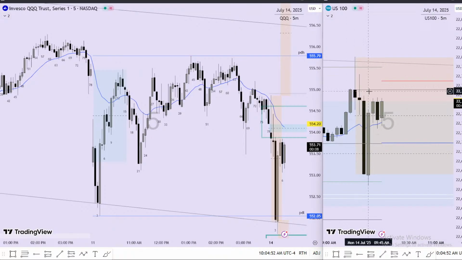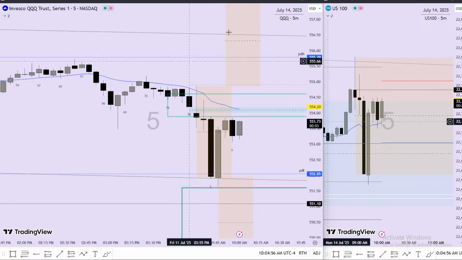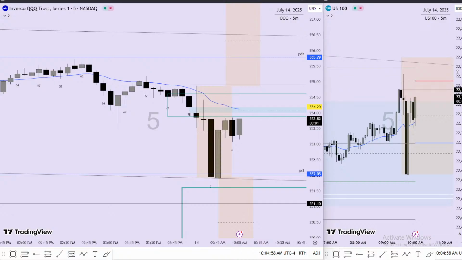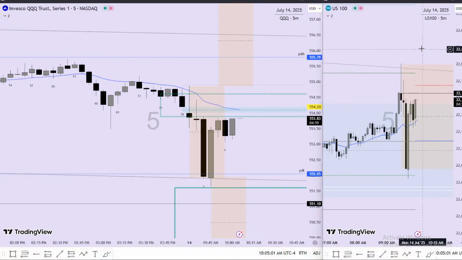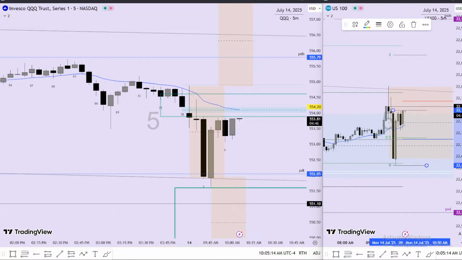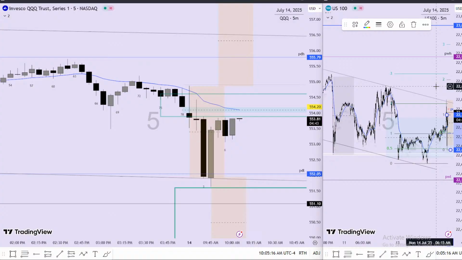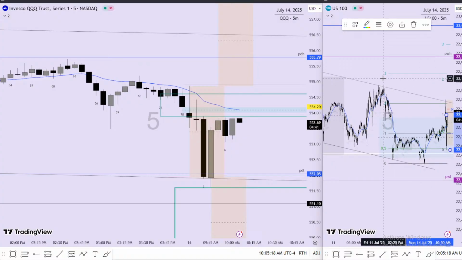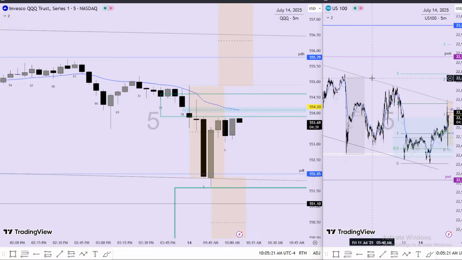On a 5 minutes, we are above the moving average. And on the regular trading hours, we are below the moving average. This can be the next target potentially.